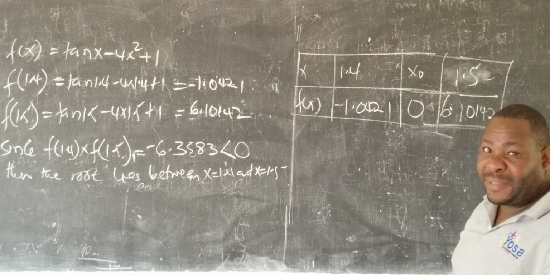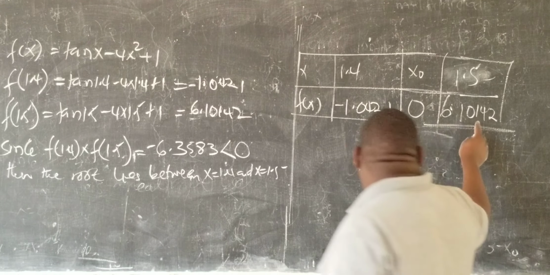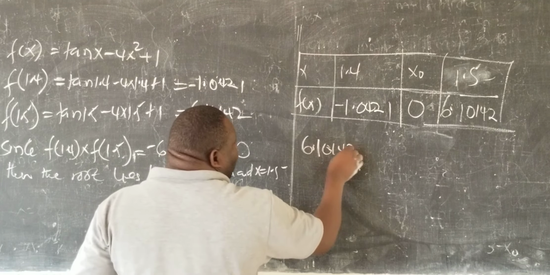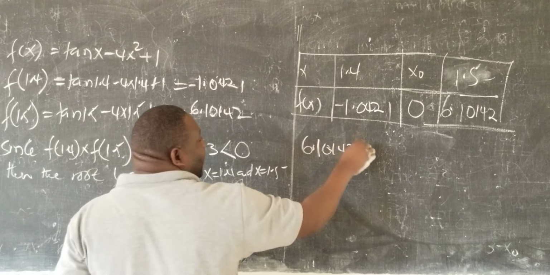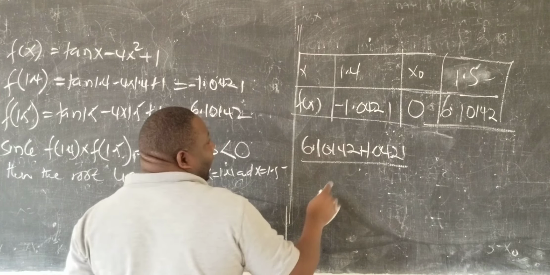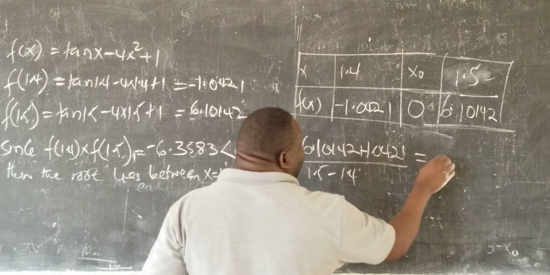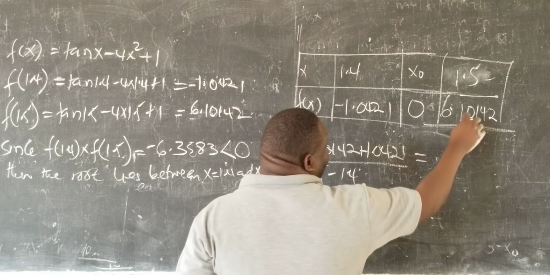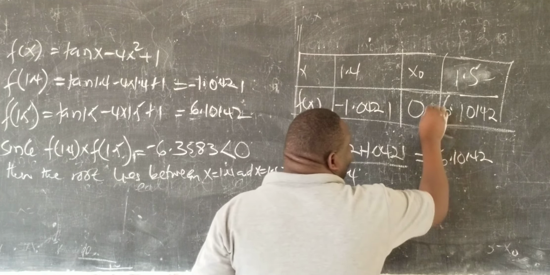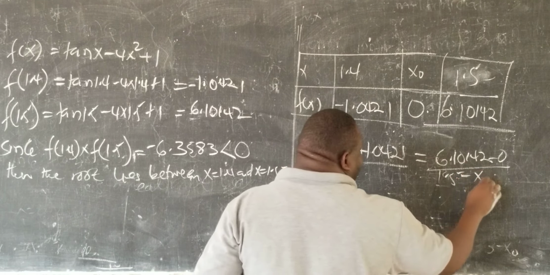So we use the same method, change in y over change in x. When we do that, we have 6.10142 minus negative 1.0421, so it becomes a plus, over 1.5 minus 1.4, equals change in y over change in x, which is 6.10142 minus 0 over 1.5 minus x naught.